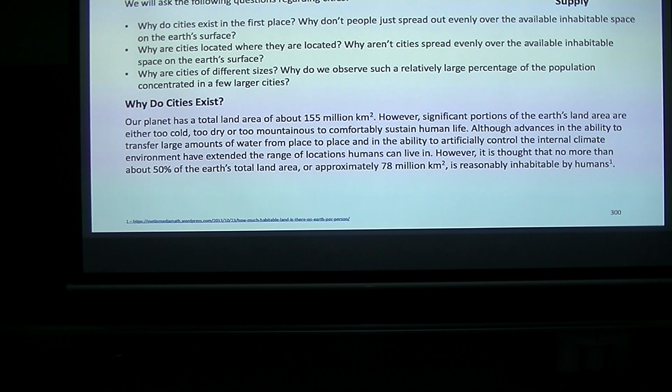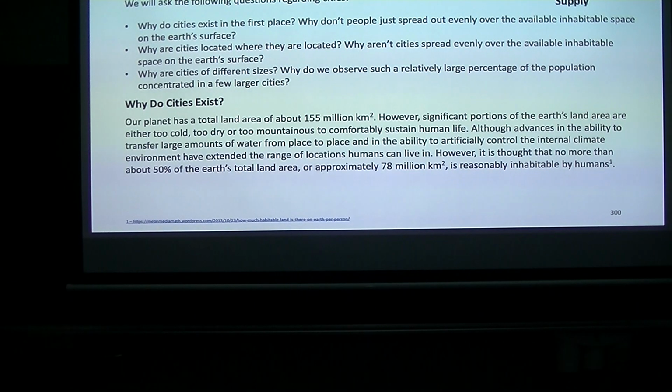Why do cities exist? Why don't we just spread out evenly over the planet? Why do we concentrate in cities? Cities and urban areas take up about 2% of the total land area in the world, in terms of where people could live.